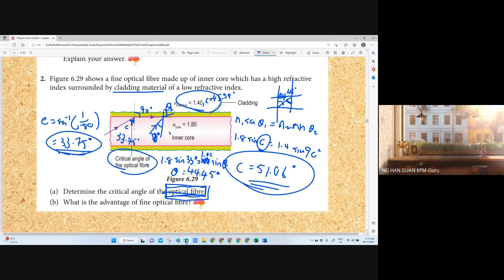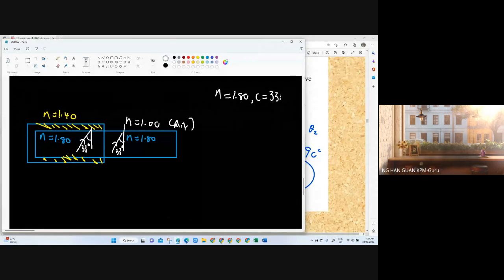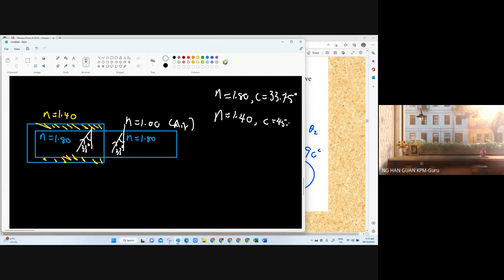Okay. So just now we already know the critical angle for n equal to 1.8. The critical angle is 33.75. Okay, so n equal to 1.4, C is 45.58 degrees.